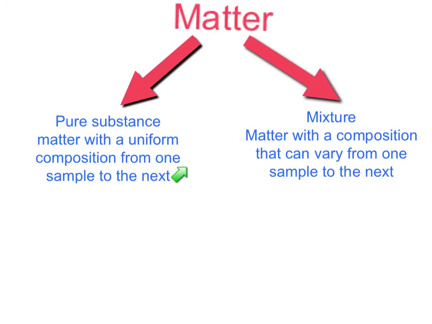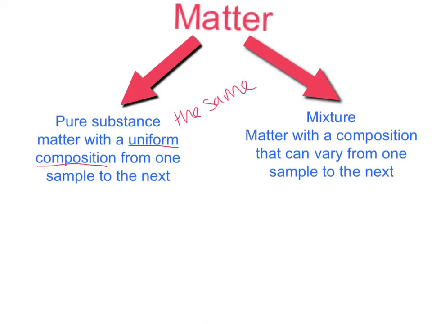So that basically means, well, we probably need to know what uniform means. So think about what it means to wear a team uniform. You do it so you all look the same, right? So a pure substance is matter with the same composition from one sample to the next. Remember, this is what it's made up of.